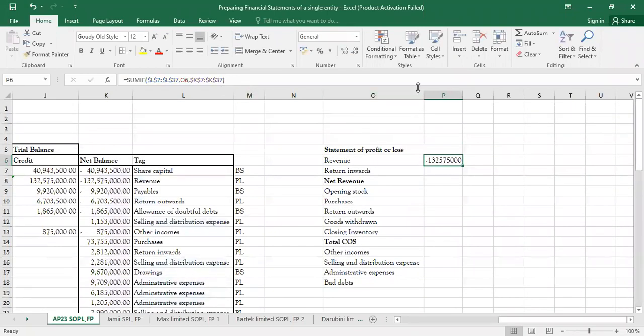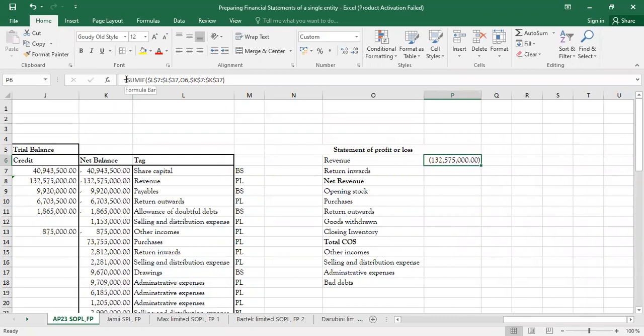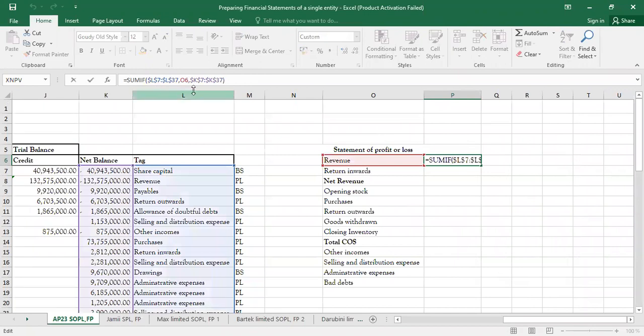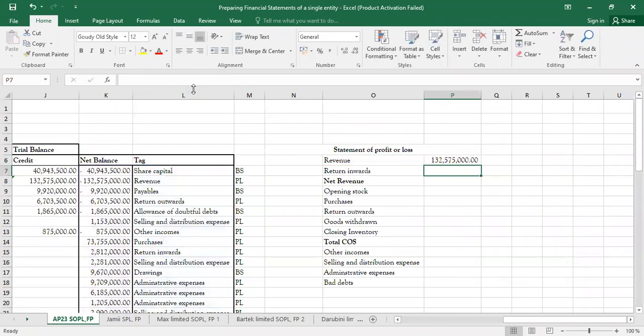You can see, maybe I just put the comma sign there. You can see that it's reflecting our revenue as a negative, isn't it? Of which there is no problem. So I just input a negative in front of the formula so that it reflects our sales that way, isn't it? Then I drag down.